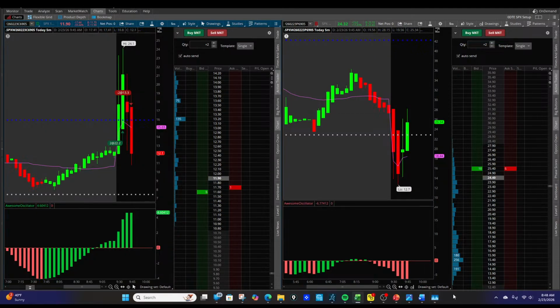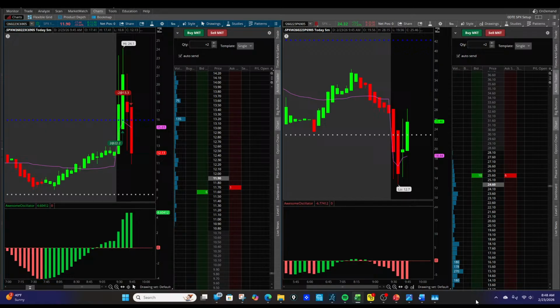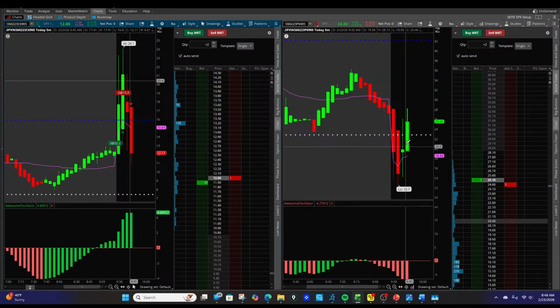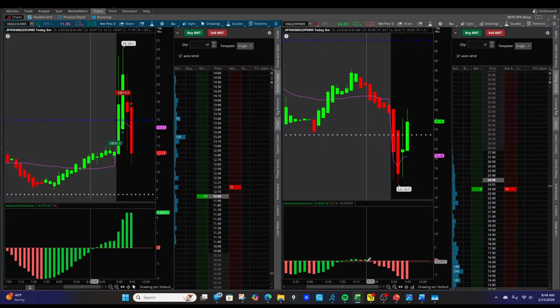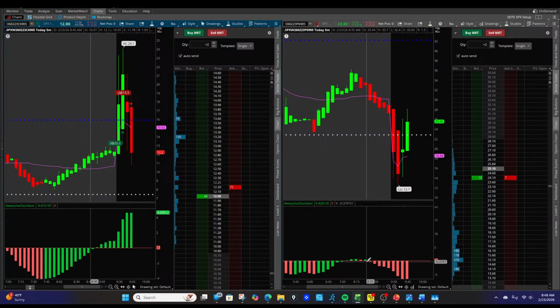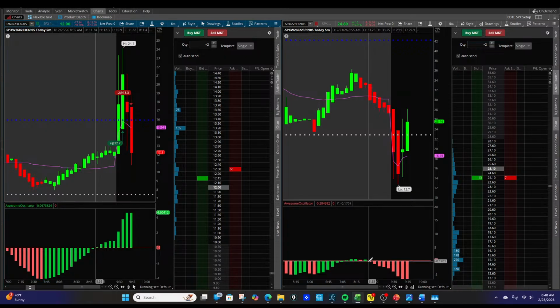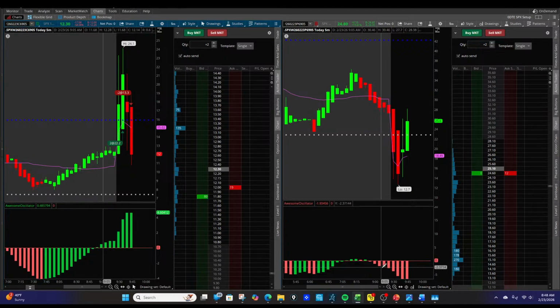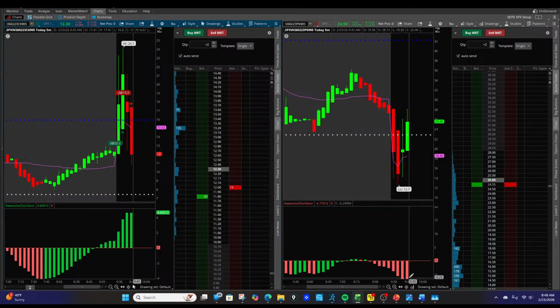On the puts side of things, it's coming back up through that overnight low. And the way the awesome oscillator works best is if it starts here at the 0 line and does red, it just goes down like steps.